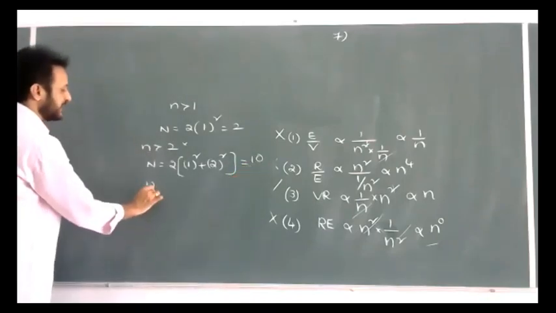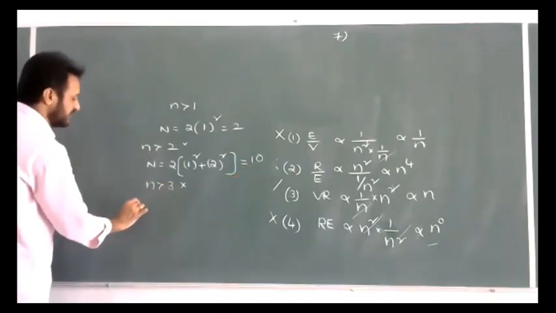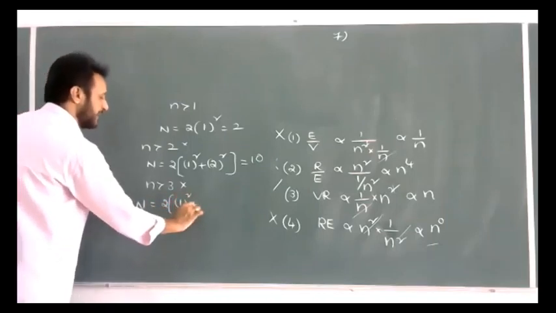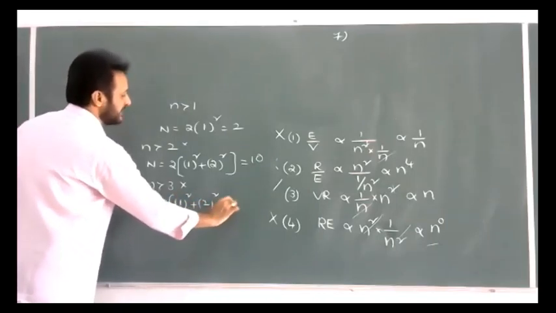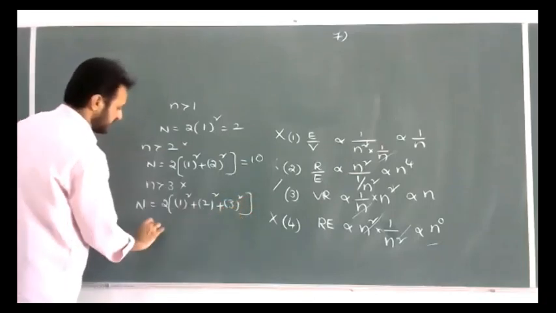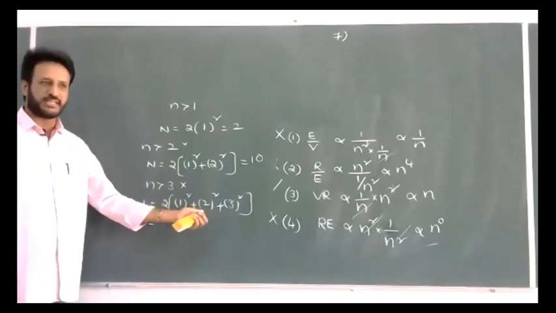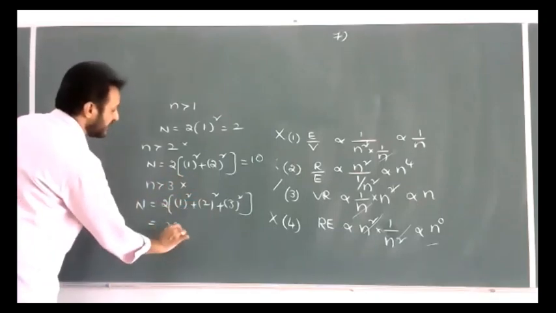Same model. If n greater than 3 were not allowed, then the possibility is 2 into 1 square plus 2 square plus 3 square. Now check: 3 square means 9, 9 plus 1 equals 10, 10 plus 4 is 14. 14 twos are 28 elements possible.